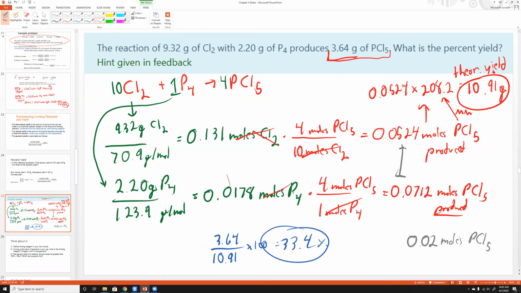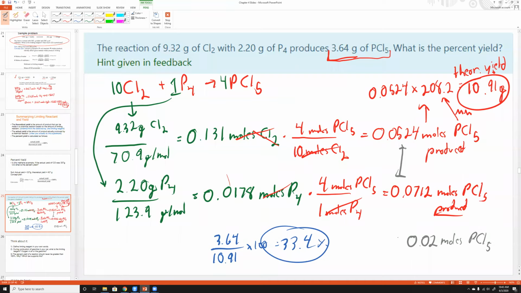So we can go backwards using the ratio and say, if 4 moles of PCl5 is made from 1 mole of P4, then this many moles of PCl5 is produced by X many moles.